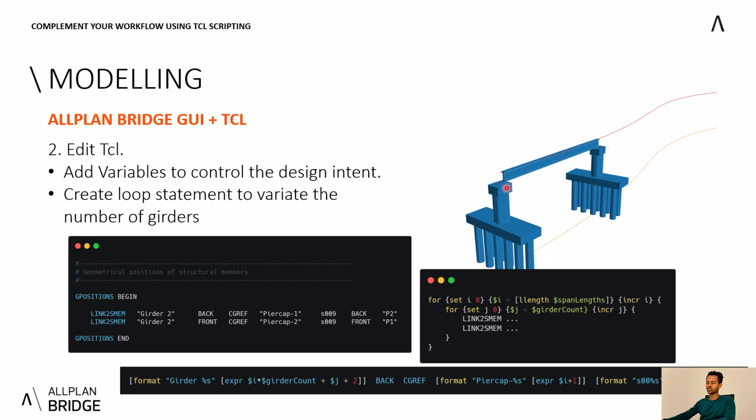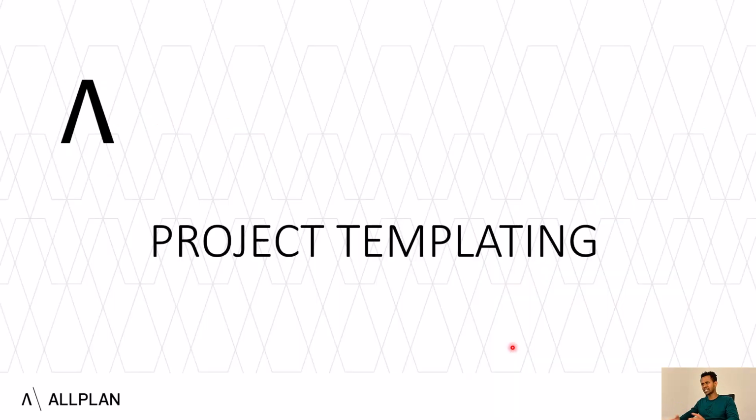The other moves from the first span to the second one. So we have 2 loop statements basically. This covers the basic principles of TCL scripting, and TCL scripting inside Allplan Bridge as well.